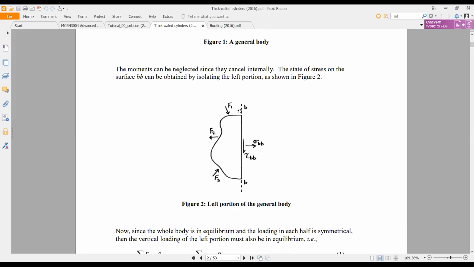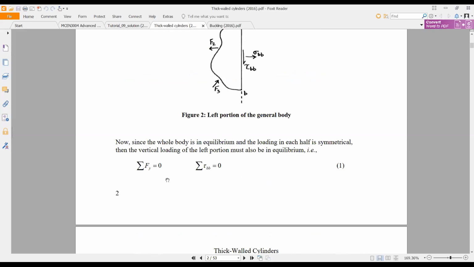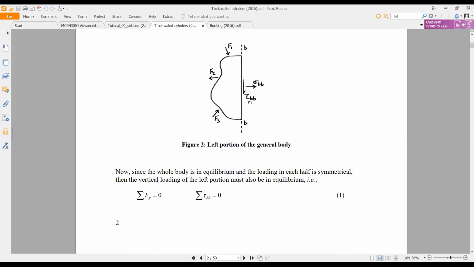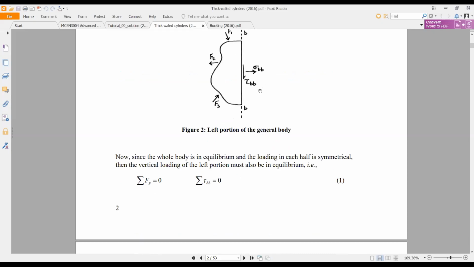This is BB, means on the BB plane. That's why. Okay. And as I told you, in the system, the summation of the vertical forces should be equal to 0 if it is an equilibrium system, and the summation of the horizontal forces also should be equal to 0.